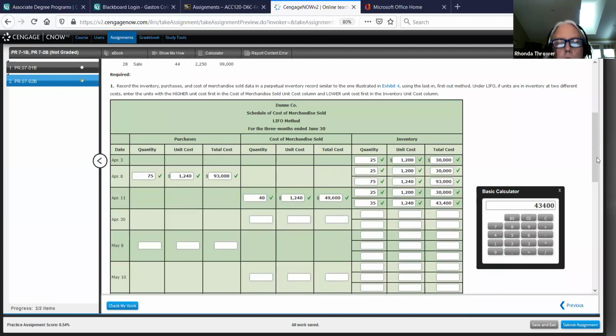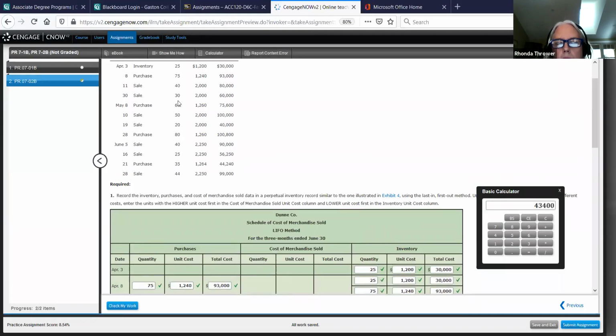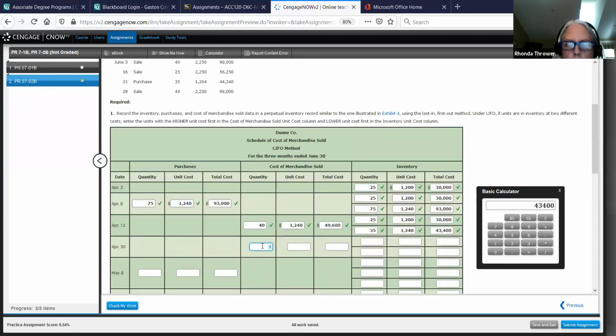The next transaction that we're going to be doing is the April 30th transaction. Again, we have a sale. This time we're selling 30 units. So in the cost of merchandise sold, I'm going to show that I've sold 30 units. These 30 units are coming from my last purchase, which was on April the 8th at $1,240 each.